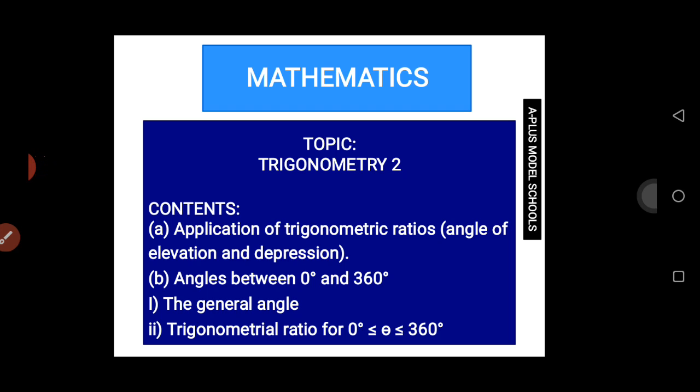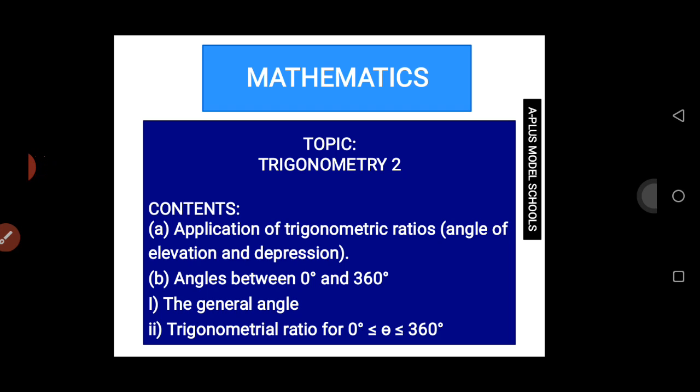Before we proceed to today's work, in our last class, we looked at trigonometry 1, whereby we looked at the basic trigonometrical ratios, which are sine, cosine, and tangent. We also looked at their inverse, which is the reciprocal of these trigonometric ratios, which are cosecant, secant, and cotangent.